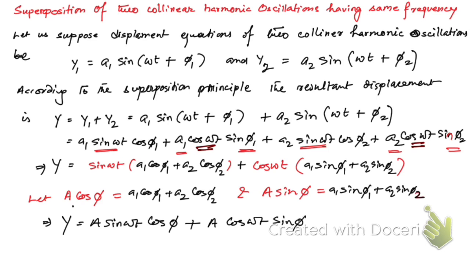Now if a is taken common, then within the bracket sine omega t cos phi plus cos omega t sine phi. This is sine a cos b plus cos a sine b, that means sine a plus b.